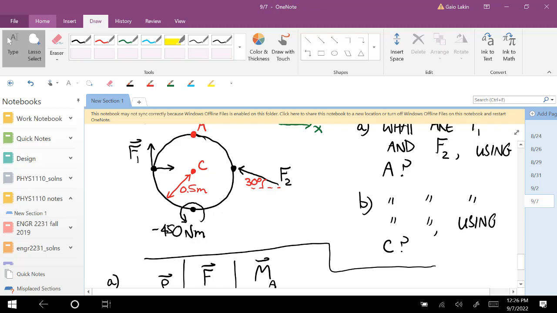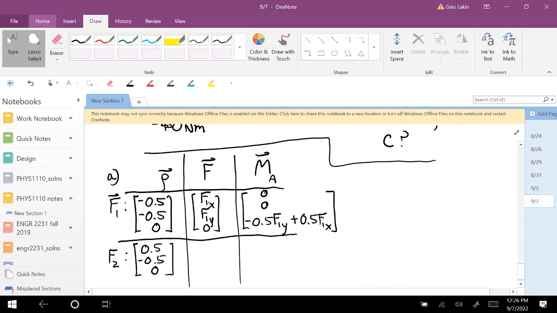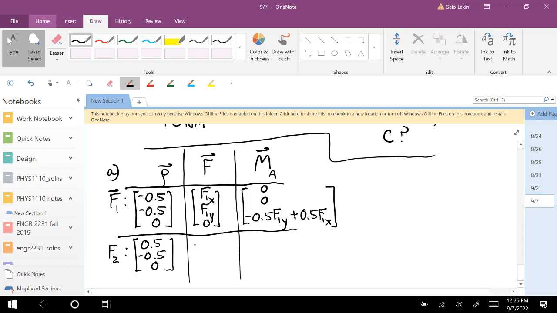And now what's our theta going to be? Yes, 150, exactly. So that's going to come out to be 0.866 F2, positive 0.5 F2, and then 0 for Z.